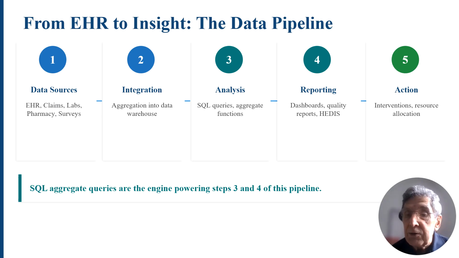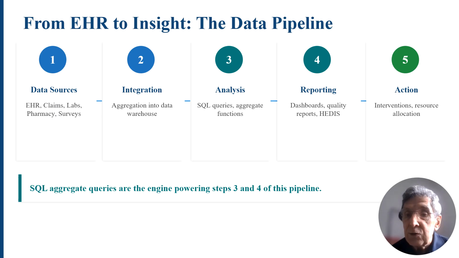So step 2 is to integrate. All of that data gets aggregated into a data warehouse or some analytics platform. This is where data from different systems get standardized and linked together so you can query among them. Step 3 is analysis. This is where SQL comes in.